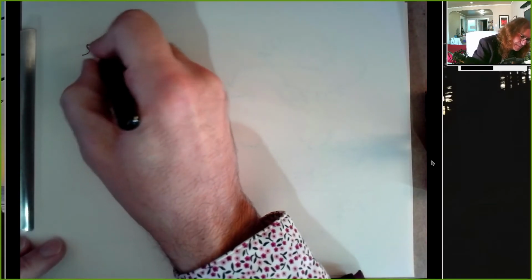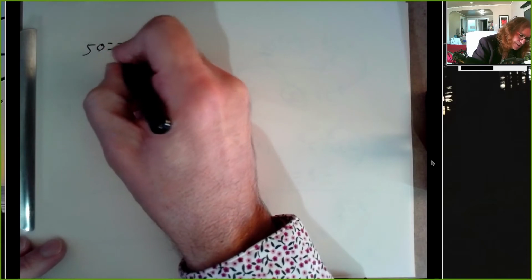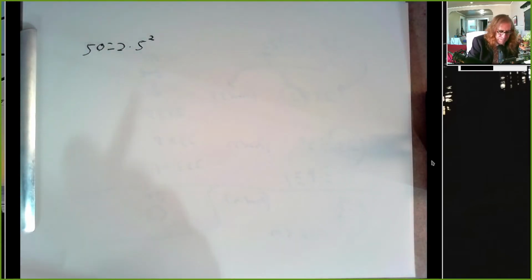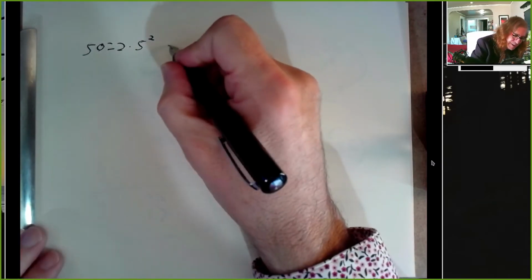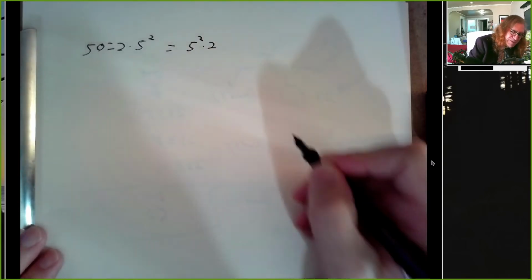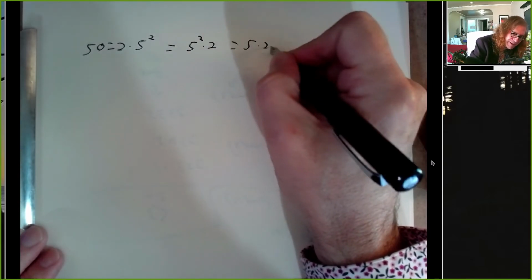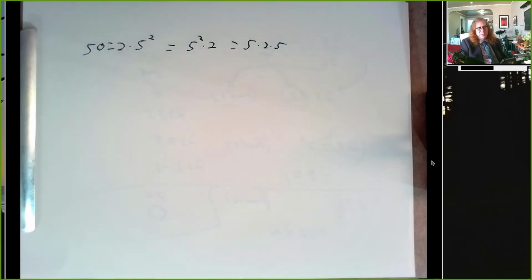So if I take a number like 50, I can write it as 2 times 5 squared. And that is a unique way to write 50 as a product of primes, other than doing goofy things like 5 squared times 2 or 5 times 2 times 5, right?